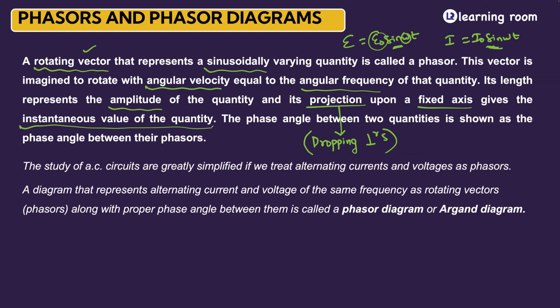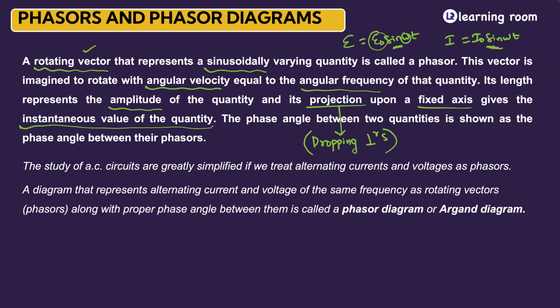Now the next question is, generally this phase means angle. So why we are actually doing this is to understand the relation between the input and the output. If you observe, any electrical circuit in this world has only one input, which is the EMF. You always give the EMF as input, and what do you take as the output?